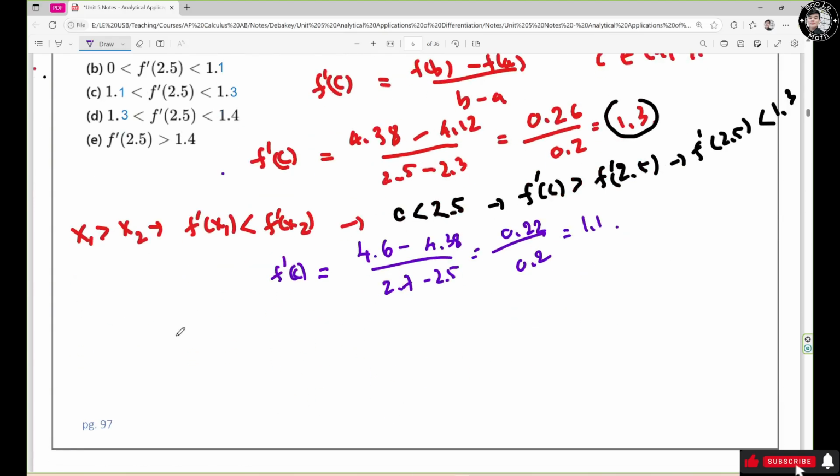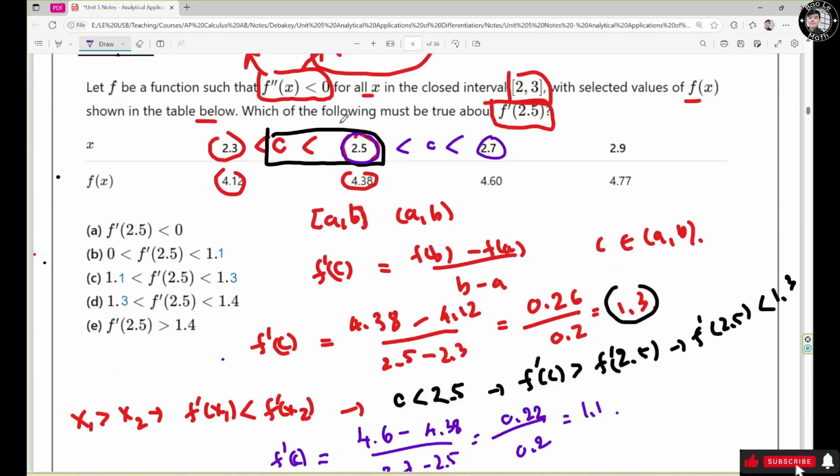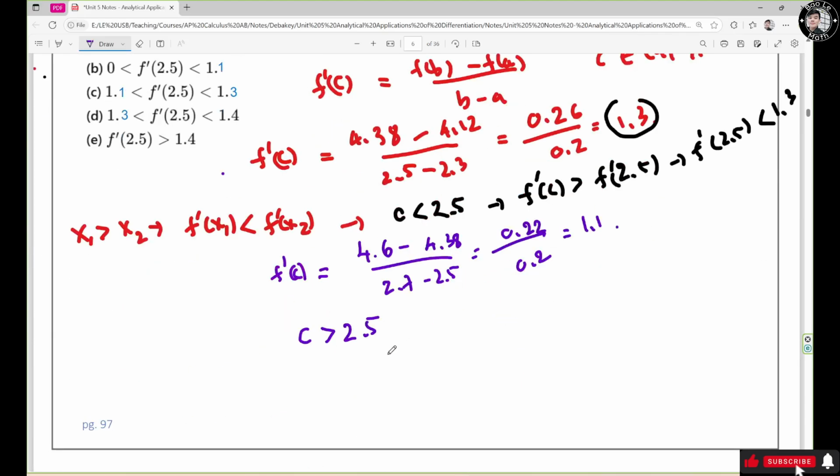Now, since f'(s) is a decreasing function, right? So if you have c greater than 2.5, right? This one right here. Then f'(c) must be less than f'(2.5), right? But f'(c) is 1.1, right?